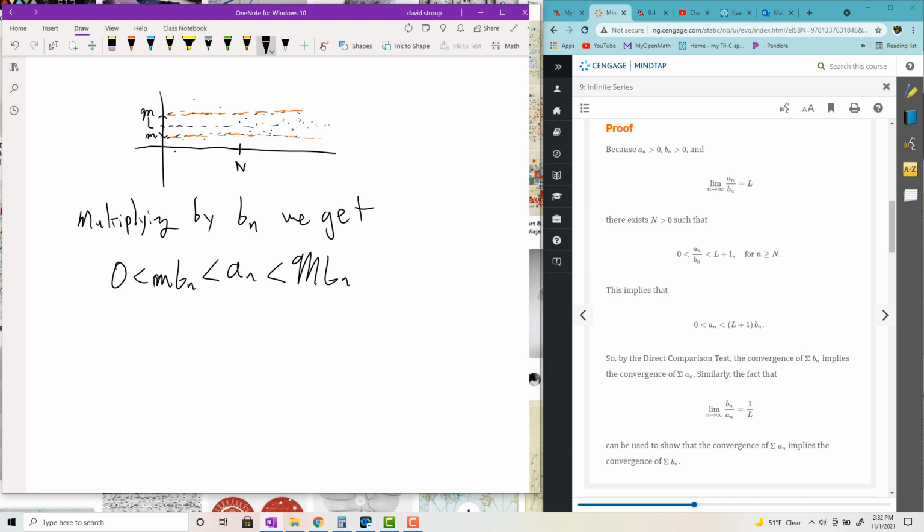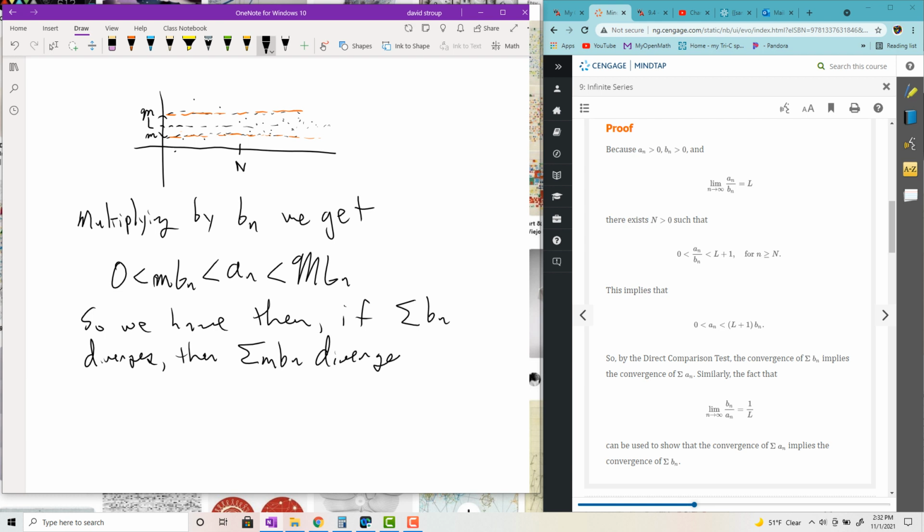So if the series b sub n diverges, then the series m times b sub n diverges because it's just a constant multiple of a divergent series, which will also be divergent.